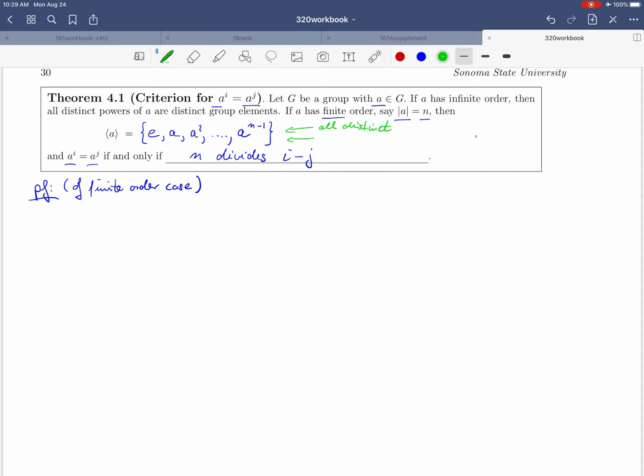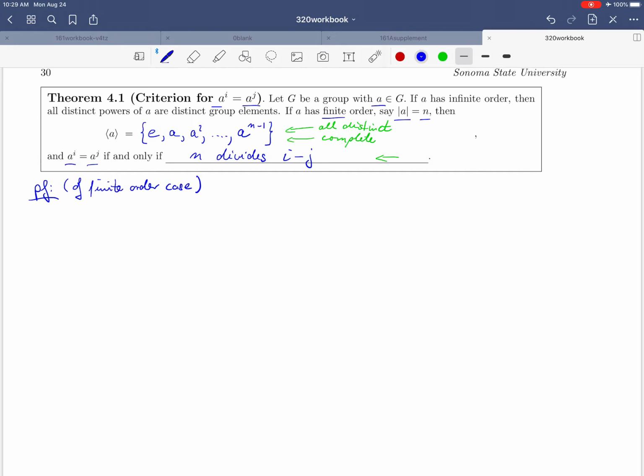We also have to show that this list is complete, that we captured all powers by writing down only n. And then we have to show this if and only if: A to the i equals A to the j if and only if n divides i minus j. So there are three things that we want to discuss in this proof. Okay, let's do it one by one.